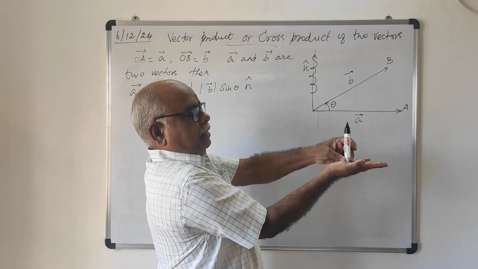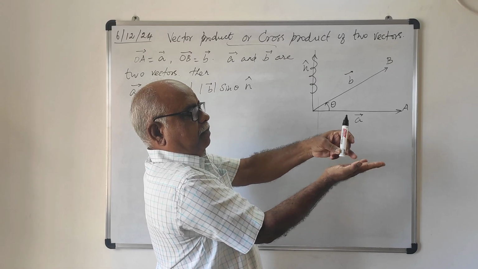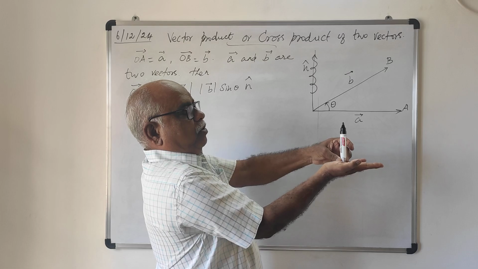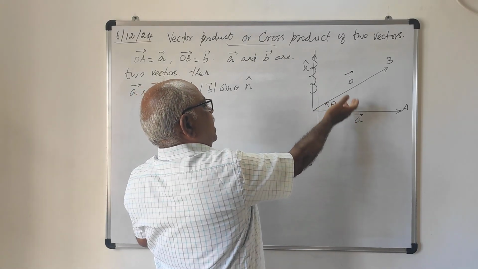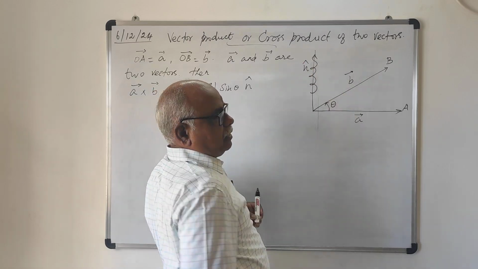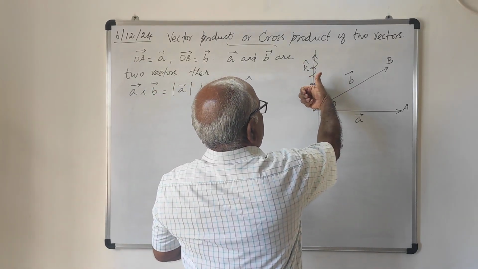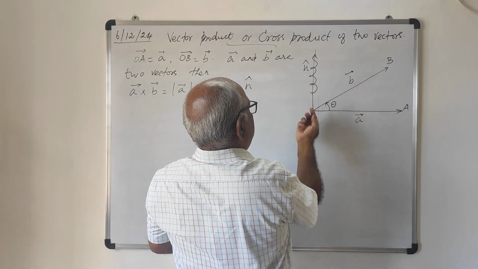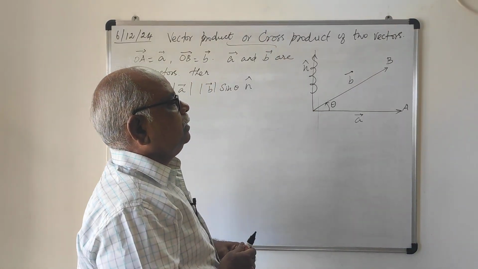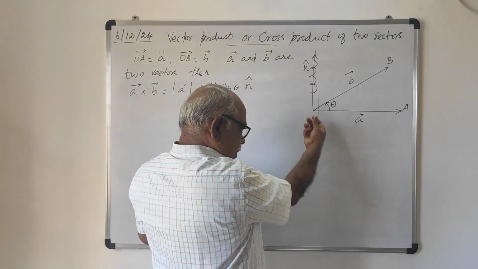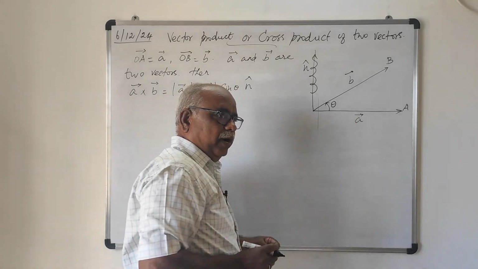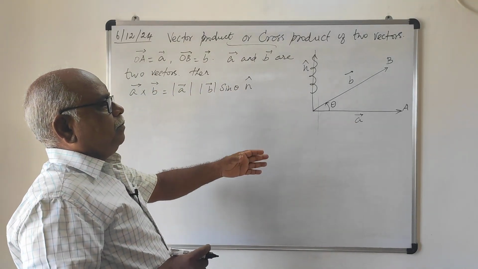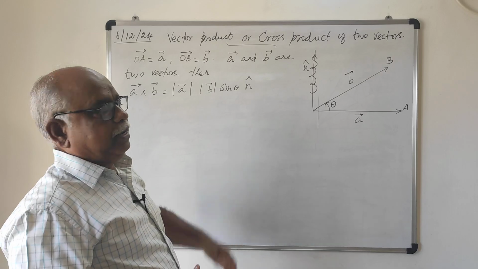A and B are acting in the plane and n cap is the unit vector perpendicular to both A and B. And all these three vectors form a right-handed screw system, right-handed system. If you rotate like this, n cap is moving upward. Similarly, minus n cap is moving downward. So n cap is perpendicular to both A and B.